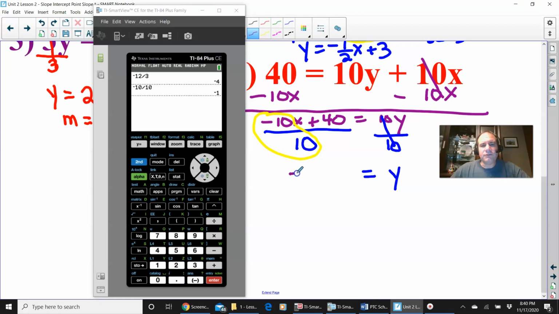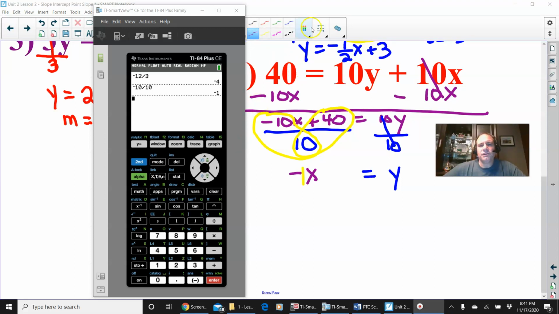So you could put a negative 1, but I'm just going to put a negative x. It's understood that there's a 1 in front of the x, that coefficient. So you could put the 1 there, but on a test, realize that you have to know that the coefficient before that x is the 1.